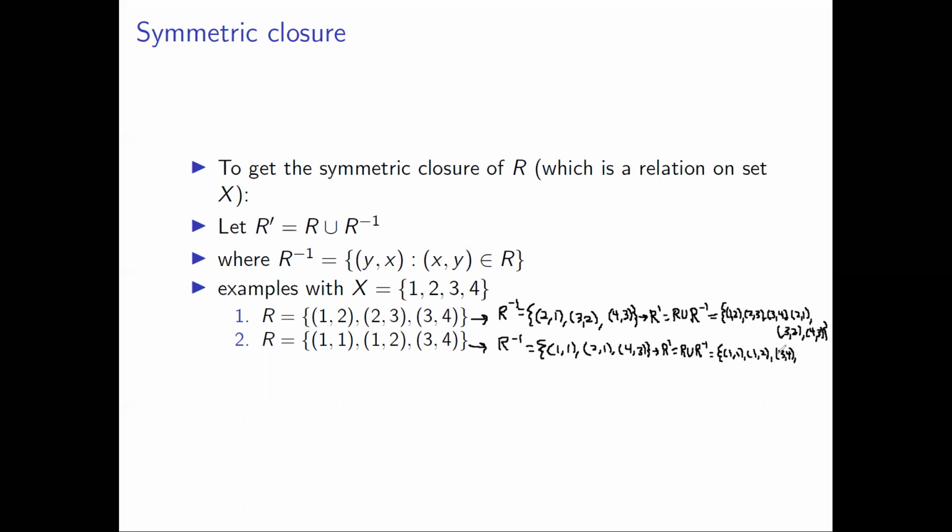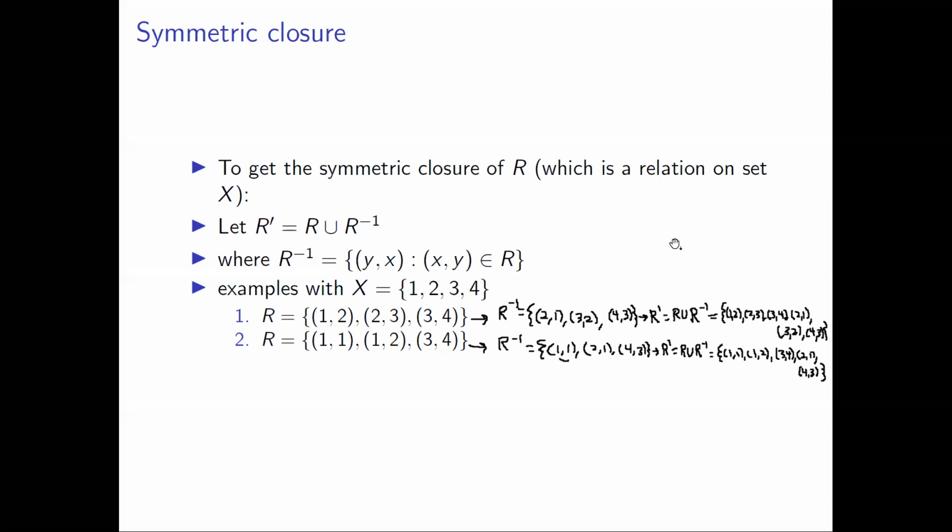And then we add the elements of R inverse, but we already have the 1, 1 in there. So we only need to add the 2, 1 and the 4, 3. And that's our symmetric closure for the second example.